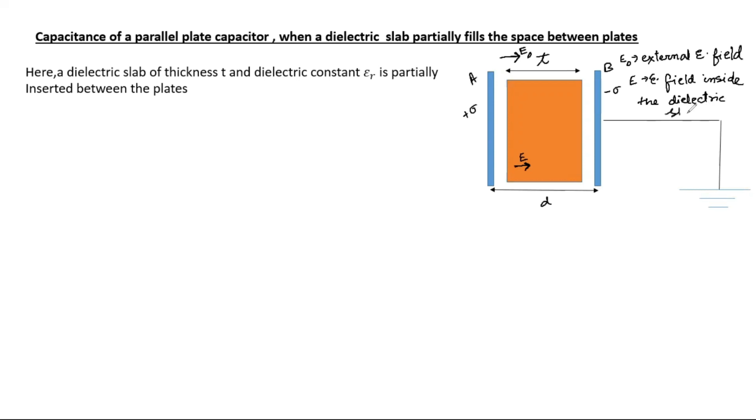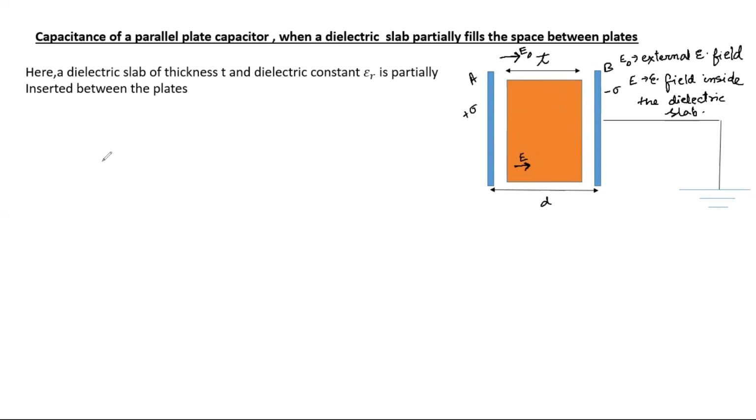Since we have two different electric fields here, we'll have two different potentials. The field E naught is experienced in the separation region, and the field E is experienced inside this dielectric slab, which is of thickness t.